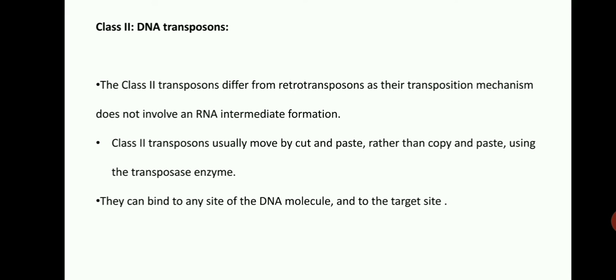That means here they skip the RNA intermediate and the direct excision of the DNA transposon takes place. That's why class 2 transposons usually move by a cut and paste mechanism rather than copy and paste, using transposase enzyme. Here the direct excision of the DNA segment takes place, that's why it is the cut and paste mechanism.